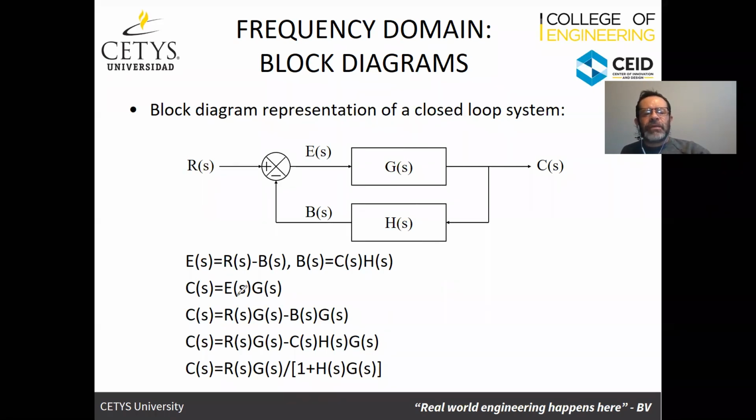And from that, we have that C of S is equal to E of S multiplied by G of S. If we play around with these and substitute them, we can say here that G of S is equal to C of S divided by E of S. This is the one we had already talked about previously.